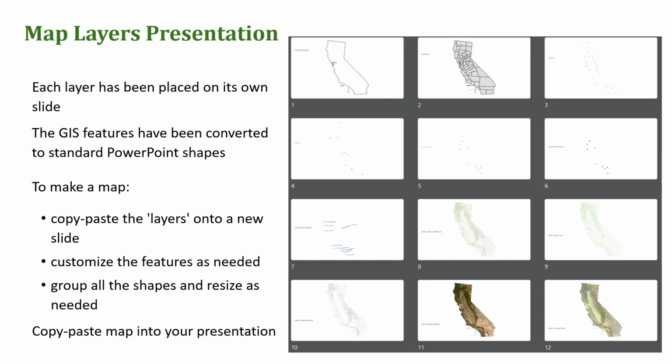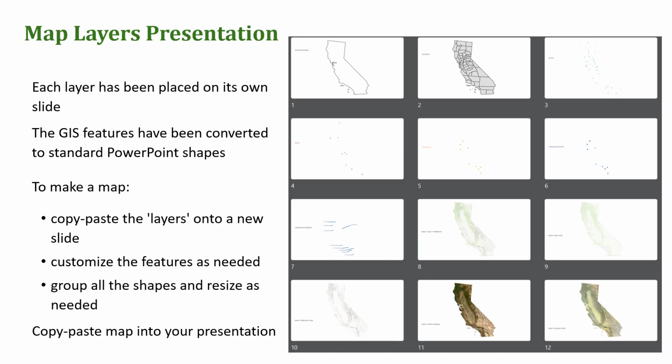Here's an overview of how it works on the PowerPoint side. Essentially, each map layer has been placed on its own slide. Furthermore, and importantly, the GIS features have been converted into standard PowerPoint shapes so that you can use PowerPoint's formatting tools to edit them.